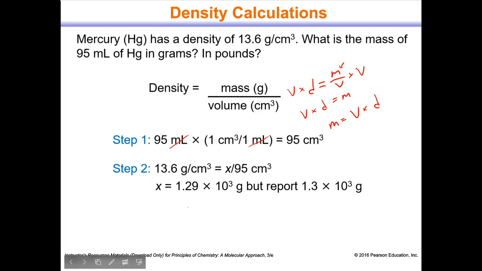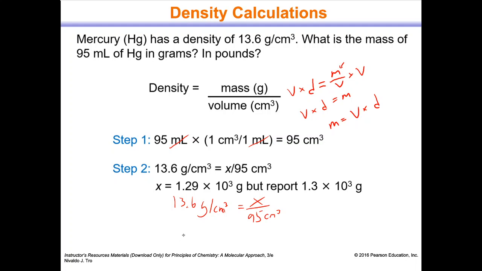Now, once we have this equation, we can just sub in what we know. So sub in our 95 centimeters cubed. I'm going to take our density times our new volume, and that will give us our mass. They've written this out a little bit differently here: 13.6 grams per centimeter cubed is equal to x over 95 centimeters cubed, and then just solve for x.